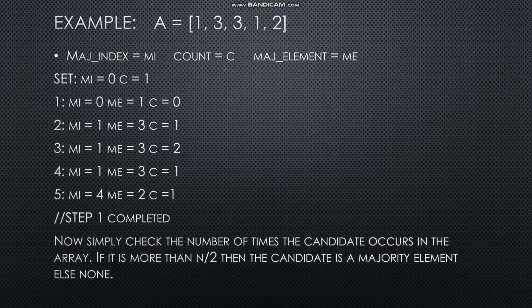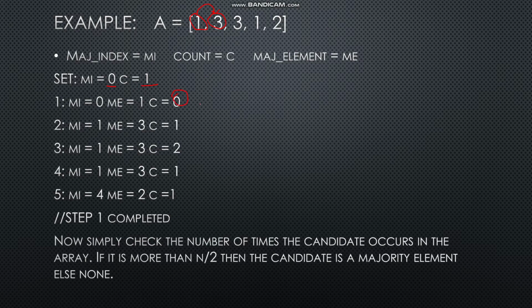So let me show you an example. Here's an array of 5 elements. First we will set the index as 0 and count as 1. Then we'll compare 1 and 3. So the majority index is 0 in the first step before comparing, and now the elements are different, so we will decrement the count to 0.